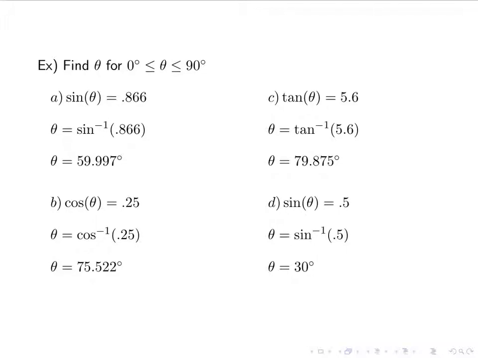Don't forget that you can always check your answer by plugging your theta back in and making sure that you do get out your 0.5. Most of these were rounded, so you might not get exactly, say, 5.6 when you plug in your theta there. But this one, it's actually exactly 30 degrees, so you will get exactly 0.5. But you can always double check these, which is something that's really nice about it.